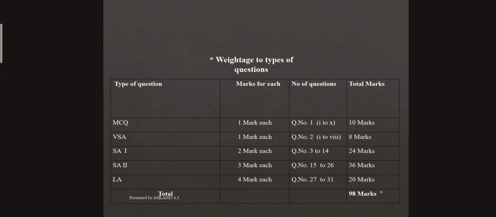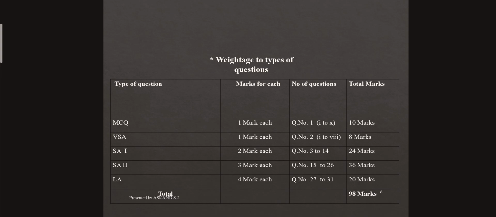Short answer type 2 carries 3 marks each, so overall 36 marks. Long answers, you have 5 questions with 4 marks for each, in total 20 marks. So the total is 98, and out of 98 you are going to solve for 70 marks.